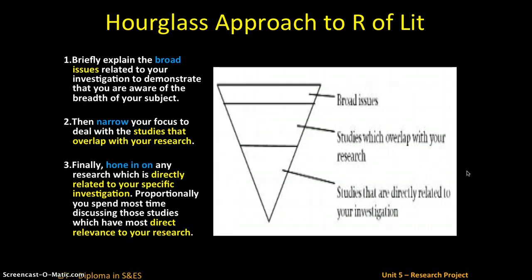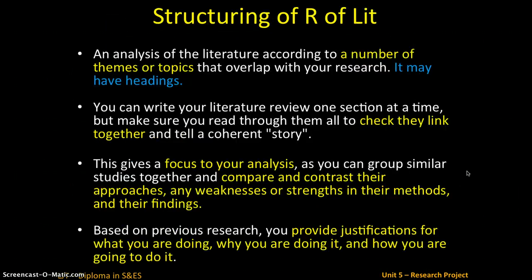So you focus on ones that are more relevant, and finally specifically focus and hone in on those that are directly relevant to your investigation. So it's start broad and then fine tune until you're just really looking at and evaluating studies which are more closely linked to your research.